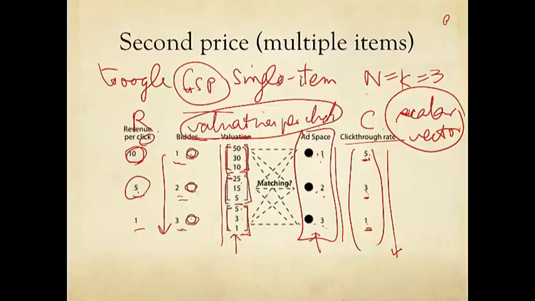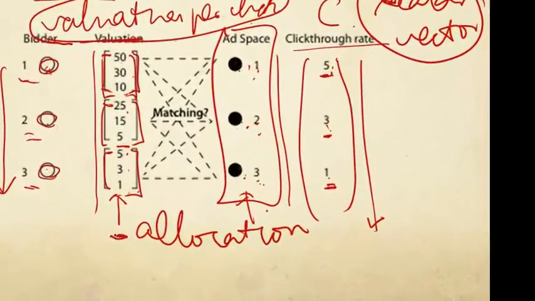So there are actually quite a few possibilities here, because this one can be matched to any one of the three black ones. Now we have to decide which one to match. That is the allocation part of GSP. And the GSP rule says that it's quite simple.